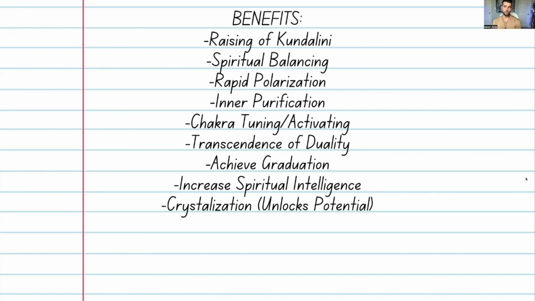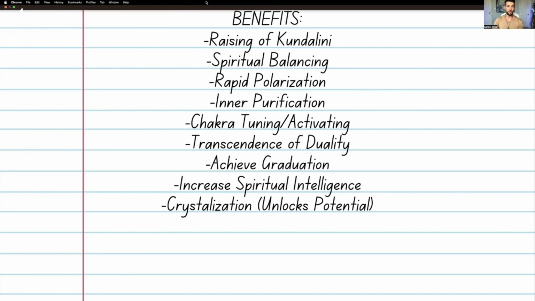Then we have, of course, spiritual balancing, meaning there's a certain relationship energetically between your chakras. And what's really cool is that Ra says everybody has a unique balance of their energy centers. Some people may be naturally brighter in the green ray, while other people are naturally brighter in the blue ray.